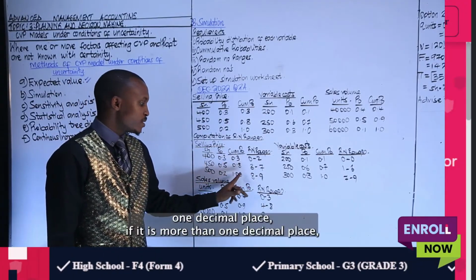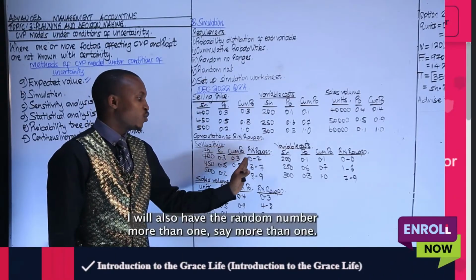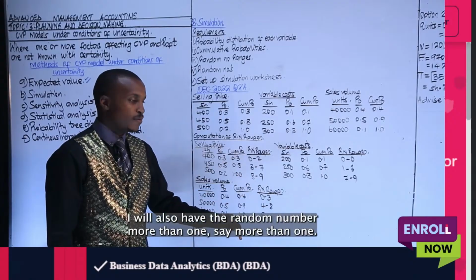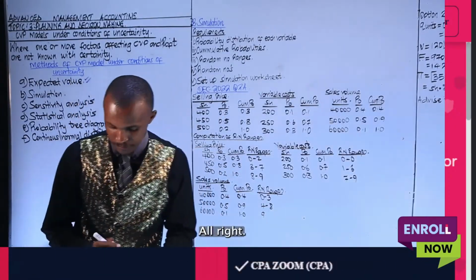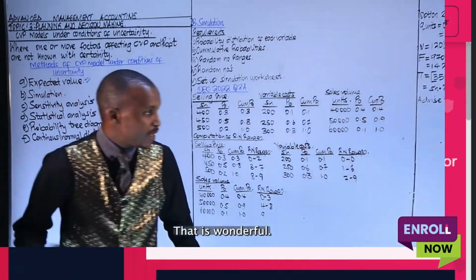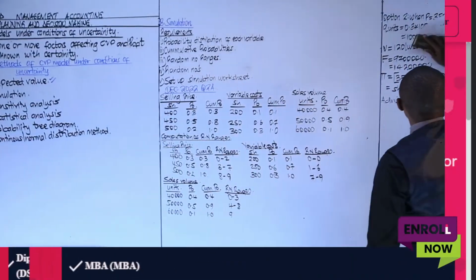If it is more than one decimal place, I will also have the random numbers in more than one digit. So let me adjust that. Right. That is wonderful. Let's now prepare our simulation worksheet.